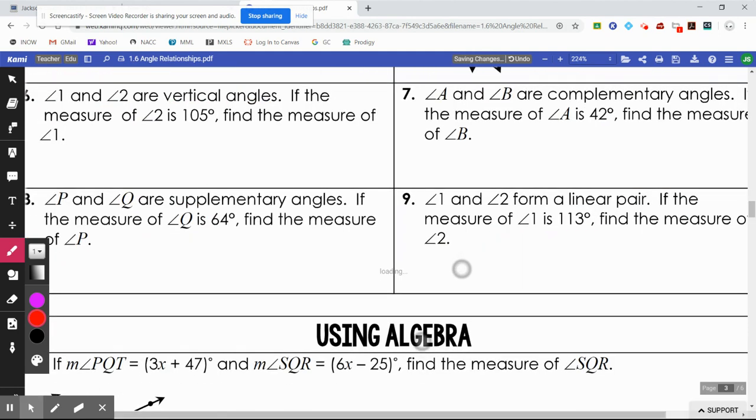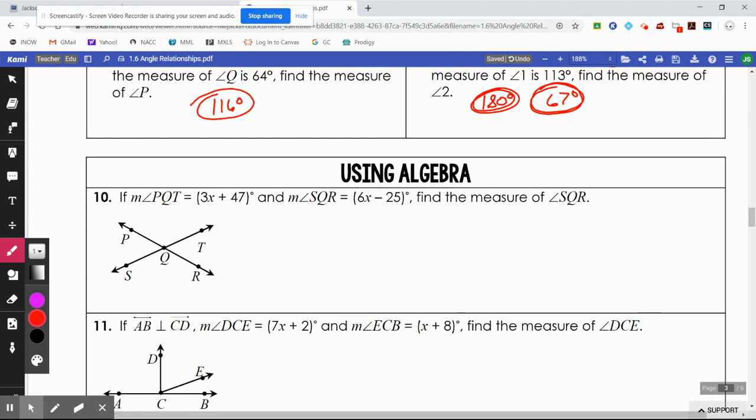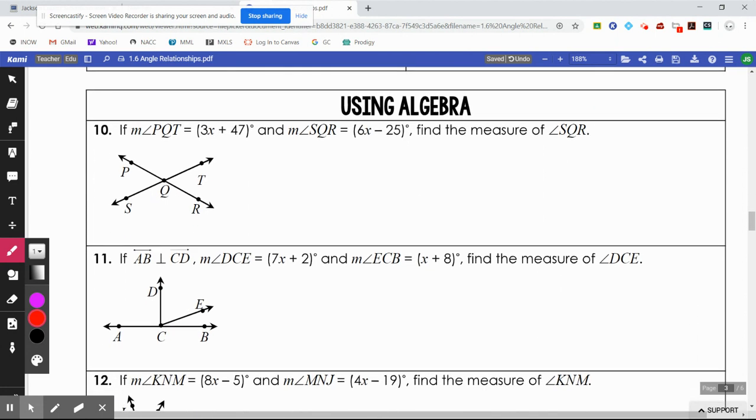Okay, next up, we're going to use some algebra to do the exact same thing. We're going to have to know the same concepts we've been talking about. The measure of angle PQT, and let's figure out which angle that is. PQT would be this angle here. PQT is 3x plus 47 degrees.